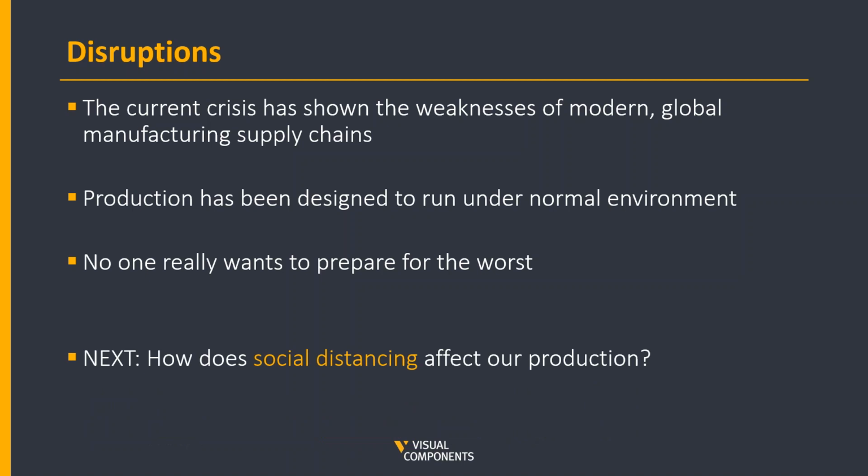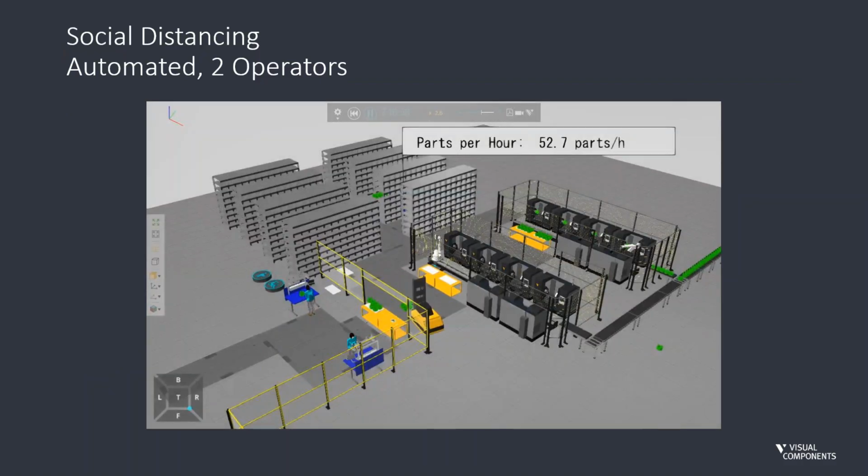So for example, there was also a question about social distancing and how does that affect our production? Let's have a quick look. What if we only have 2 operators? What do we have to do? So we maybe have to prepare automated handling of the workpieces between the warehouse and the machining area and this preparation area.